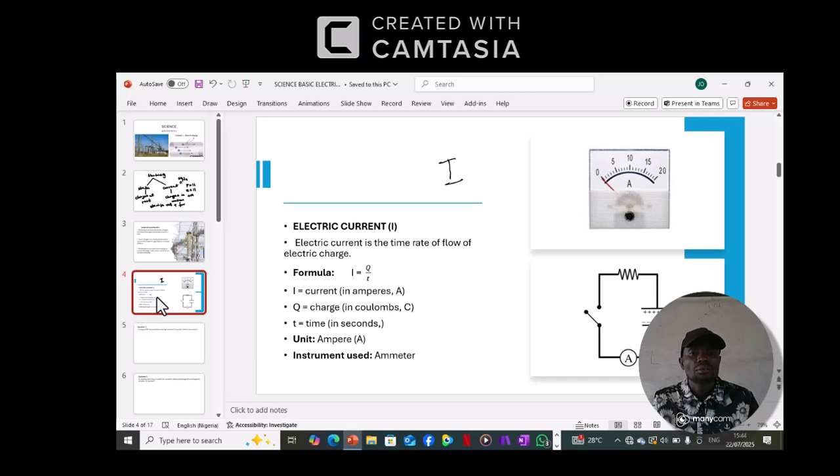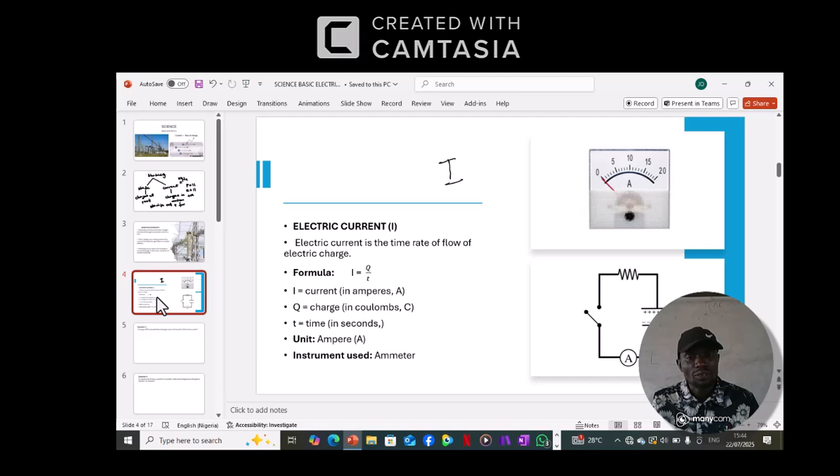So the formula is I equals Q over T, where I equals current in amperes. The unit of current is ampere.